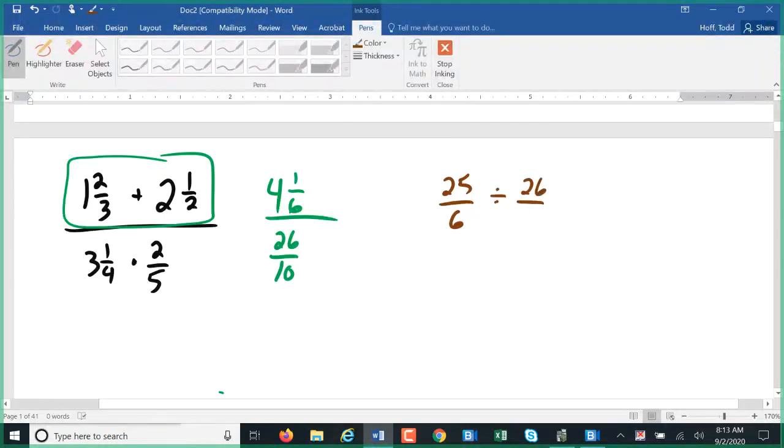Is that really 26/10? It is. No, it can reduce. Sorry, that's going to be 13/10, not 26/10. And then, of course, you'd flip that over and multiply by the reciprocal. 25/6 times 10/13. And you do your cross canceling and multiply and reduce.